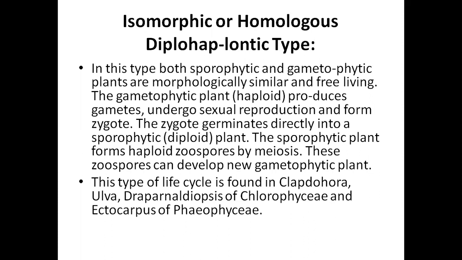I have already said that plant body is haploid, and if the plant body is haploid, we are going to say it is gametophytic plant. A gametophytic plant will produce gametes. Gametes will be haploid only. Gametes will fuse to form zygote. Zygote will be diploid. Now, zygote will directly develop into a sporophytic plant. Here, it is developing diploid plant.